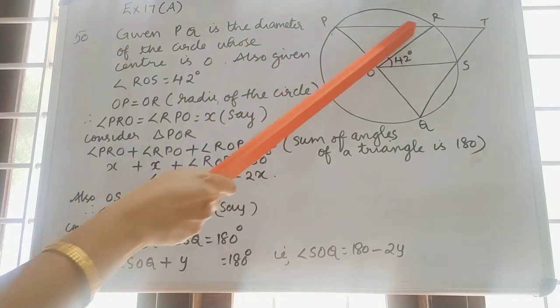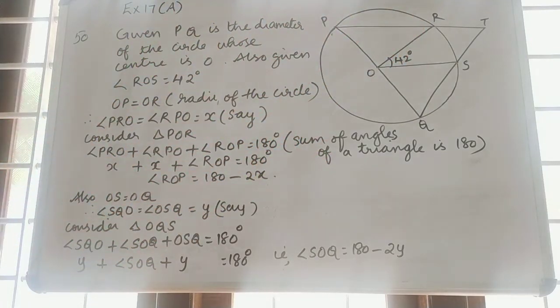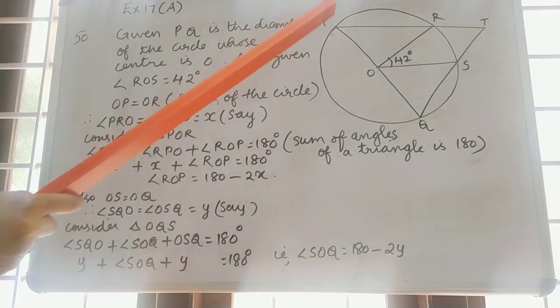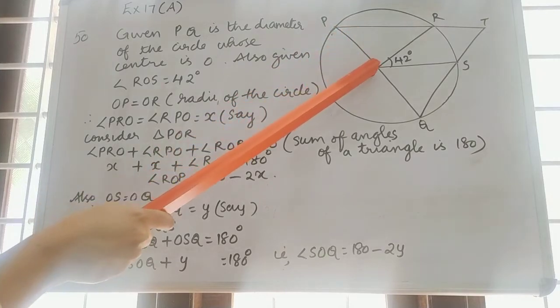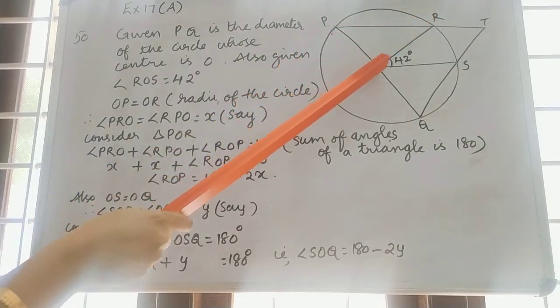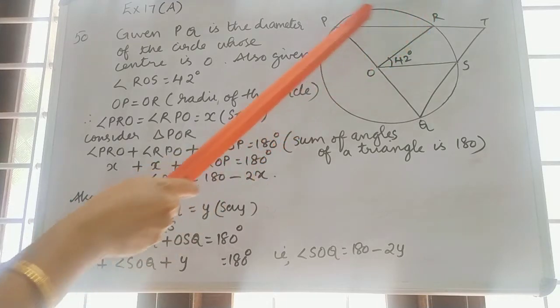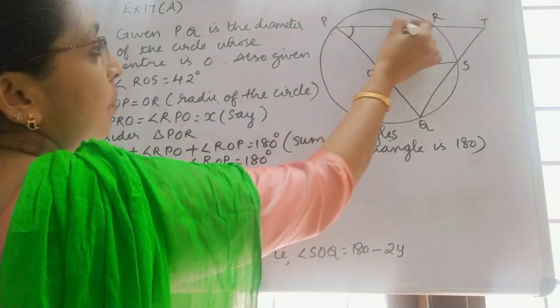Since OP is equal to OR, the opposite angles will be equal. Which are the opposite angles? Opposite of OP is angle PRO, and opposite of OR is angle RPO. So these two angles will be equal.